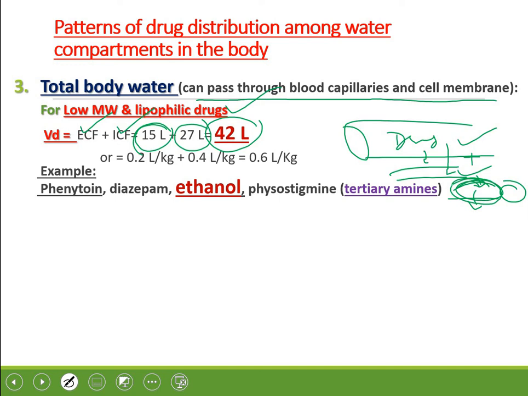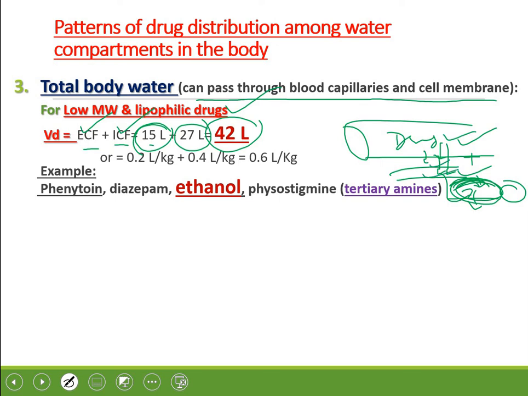Thus, in case of a lipophilic drug, it passes from the blood, reaches the interstitial fluid, then reaches the cells, passing the cell membrane. Consequently, we will consider all the volumes that come across within the way.